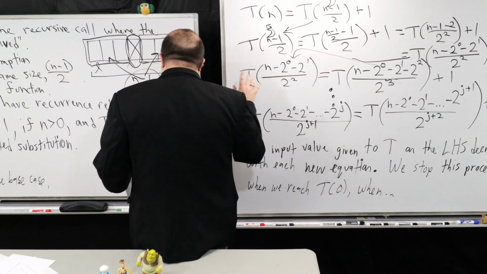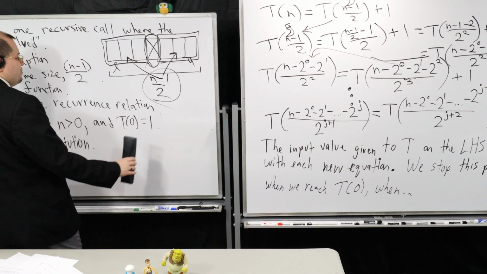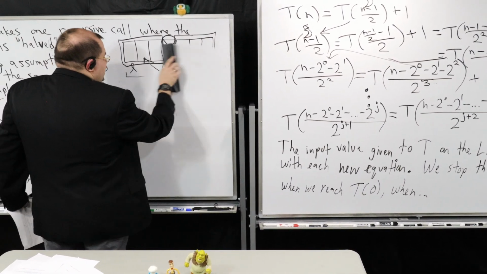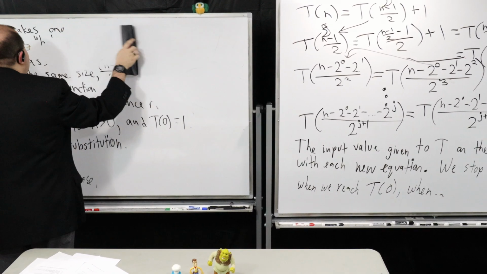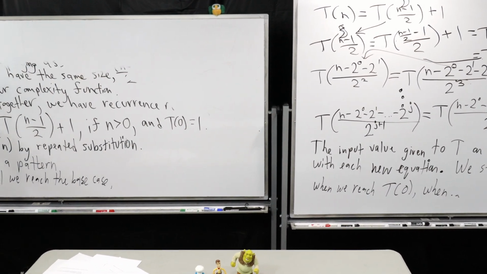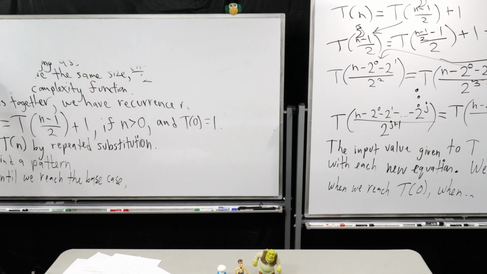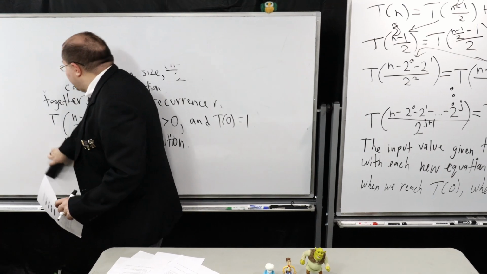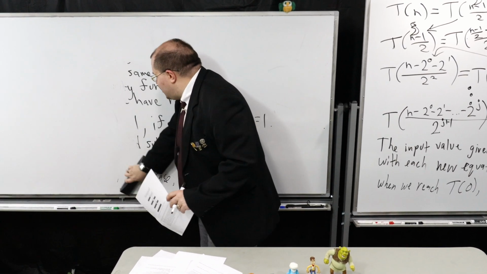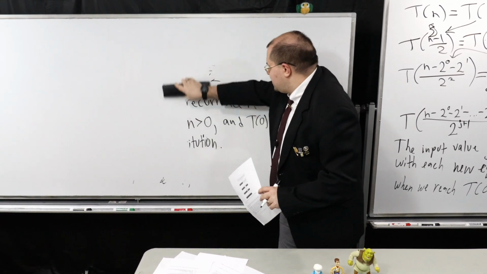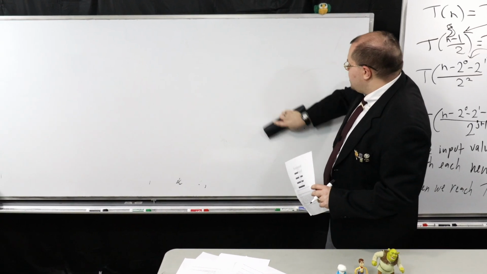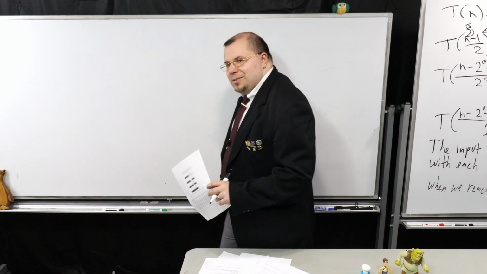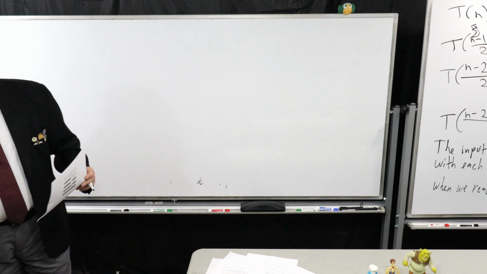Because now I have some idea of what's going on with the input of this function every time, this recurrence relation. So notice that I'm now talking about the complexity function. Notice I'm not saying anything about the algorithm anymore. I'm talking about the complexity function. So let's talk about effectively what's the stopping condition of this recurrence relation.